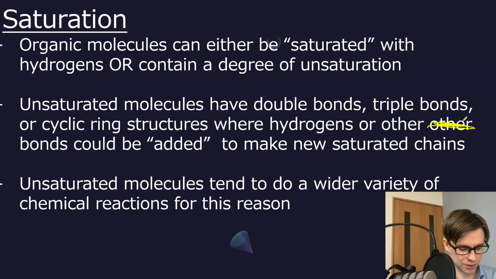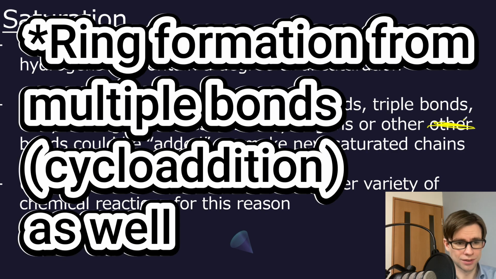But you probably should say that it is saturated if it's just an aliphatic alkane ring. Anyway, unsaturated molecules tend to do a wider variety of chemical reactions for this reason. They have areas where addition can happen, or polymerization, or ring opening reactions.